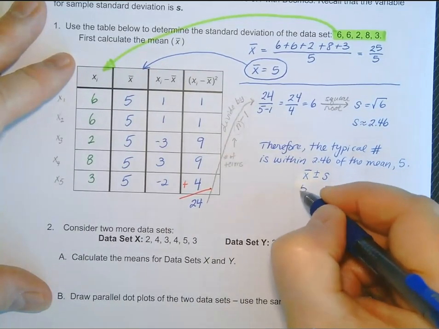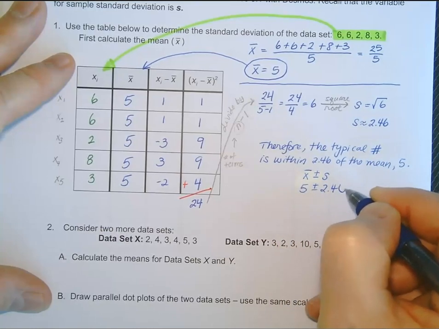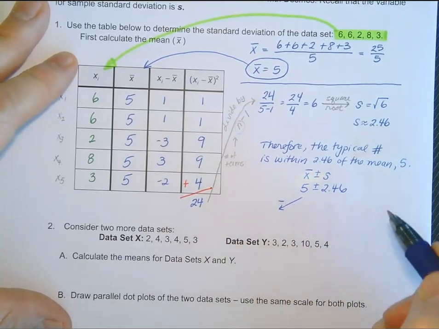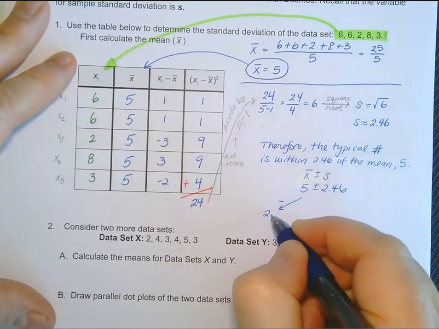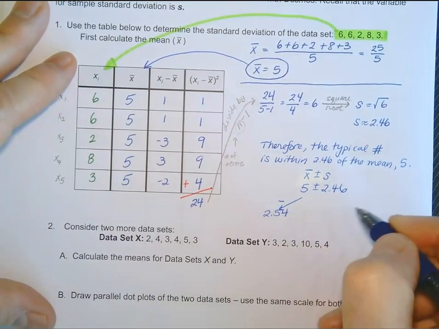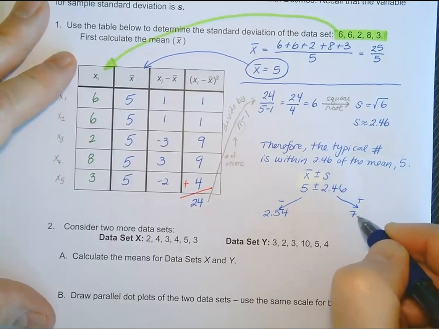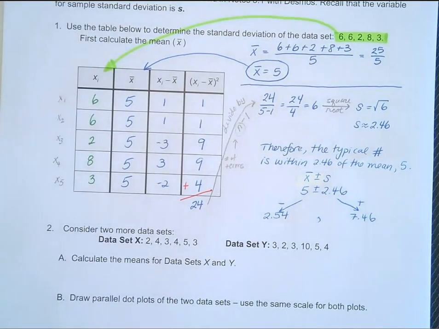In this case, it would be 5 plus or minus the 2.46. So if I subtract 5 minus 2.46, that's 2.54. And if I add, that's 7.46. So that means that most of the numbers fall between 2.54 and 7.46.